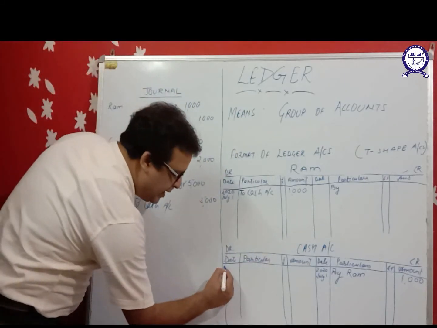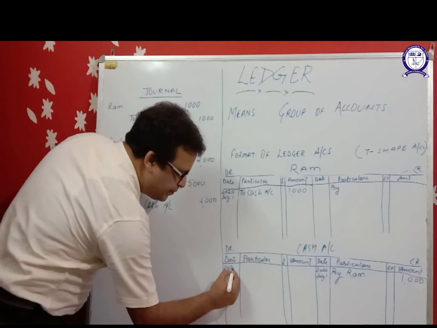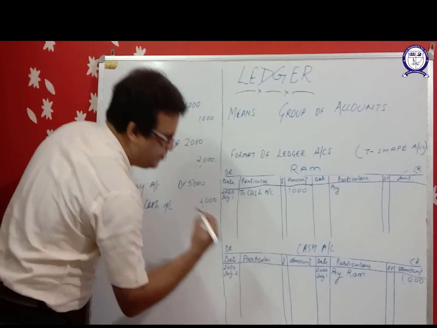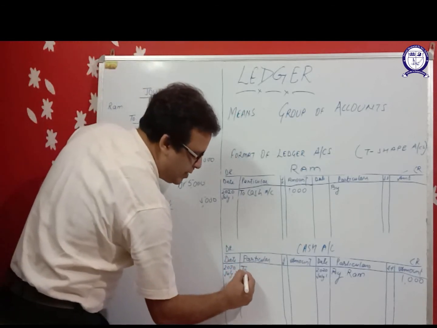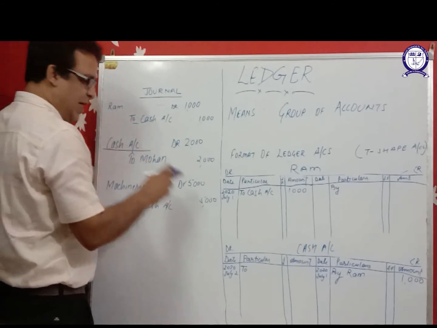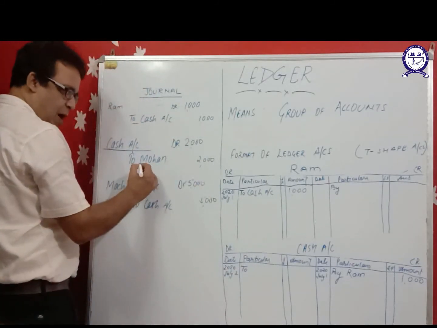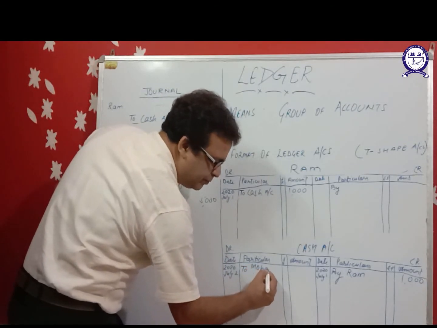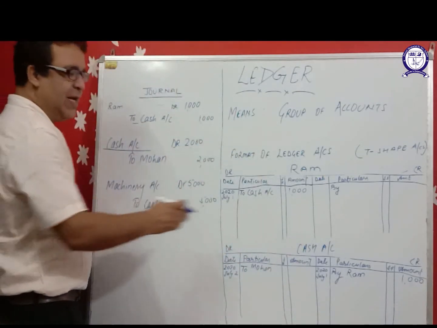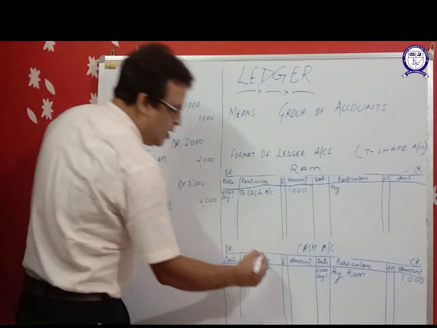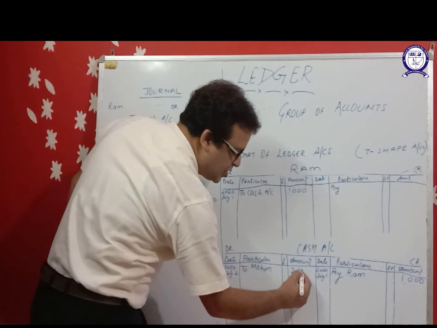First of all, the date will be written. Suppose July 2nd. The word "To" will be written. Cash is debit here, so on the debit side, the opposite account: To Mohan. In cash account, we cannot write cash. The amount in front of cash is 2000.